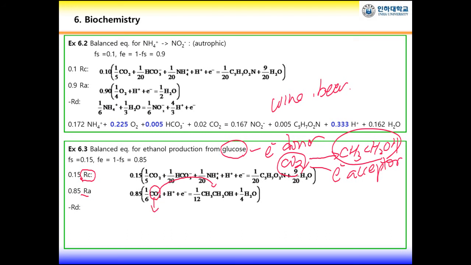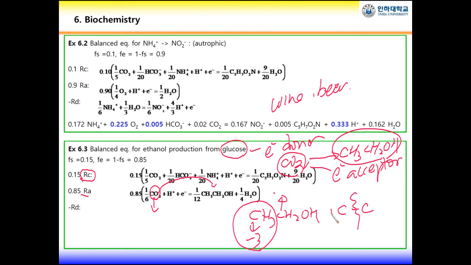ethanol. So this has 1 mole of ethanol, CH3CH2OH, and the oxidation number of this carbon is -3, because this carbon and carbon is a covalent bond, so you can just break it.